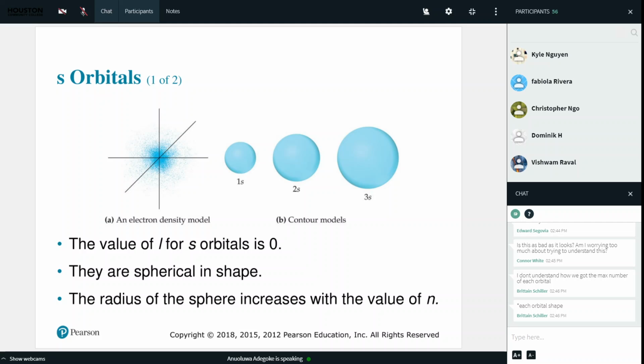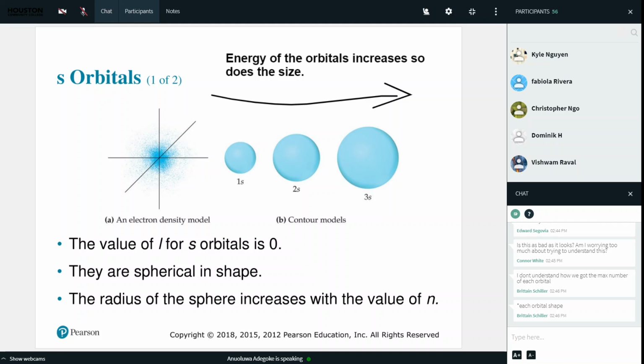Let me write it on top: the energy of the orbitals increases, and so does the size.